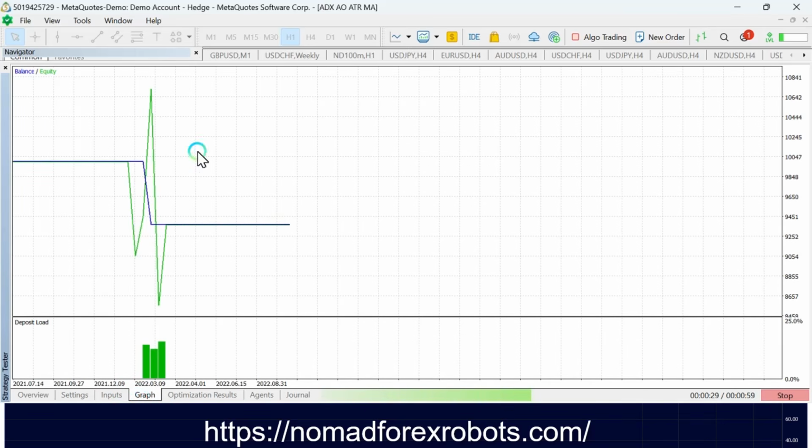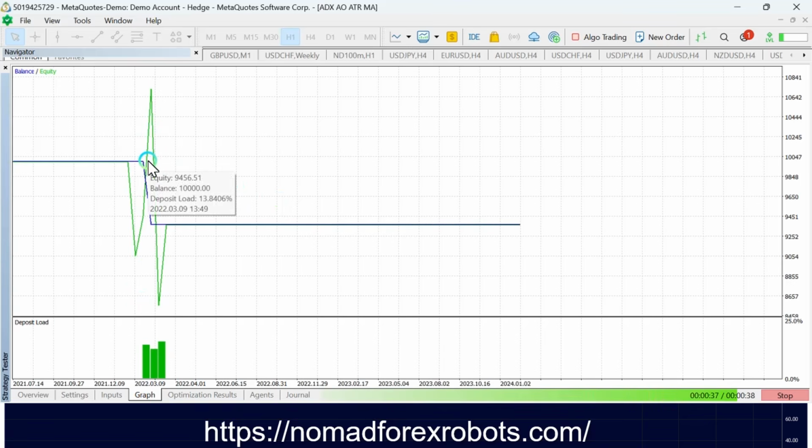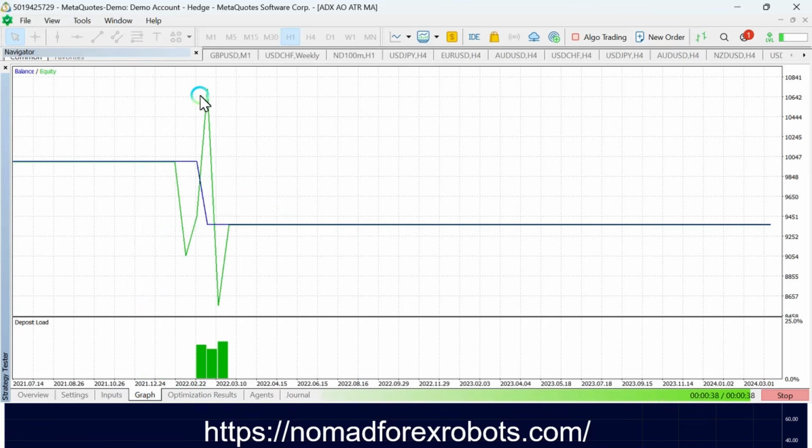Yeah, this strategy can be improved, as you can see from an analyst standpoint. I see immediately how I could code a better dynamic exit or more dynamic exits to close the trades here.